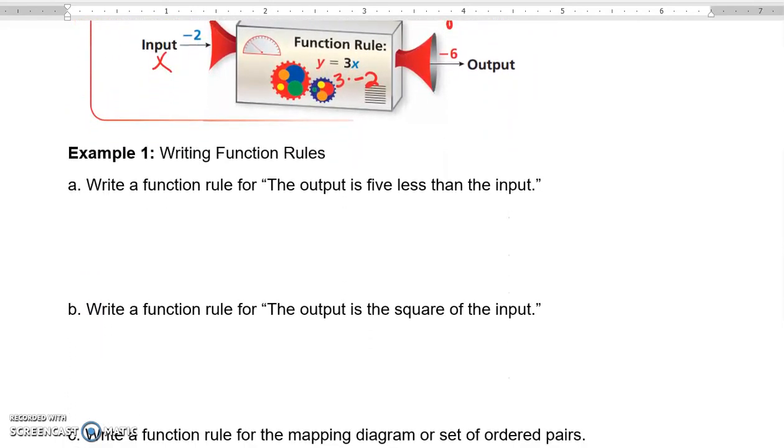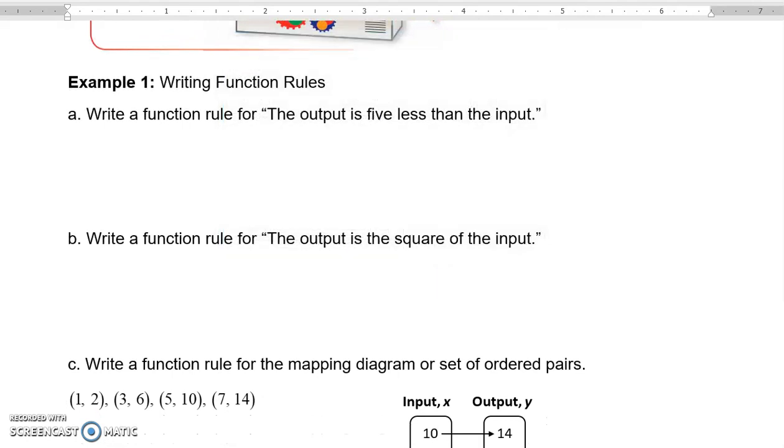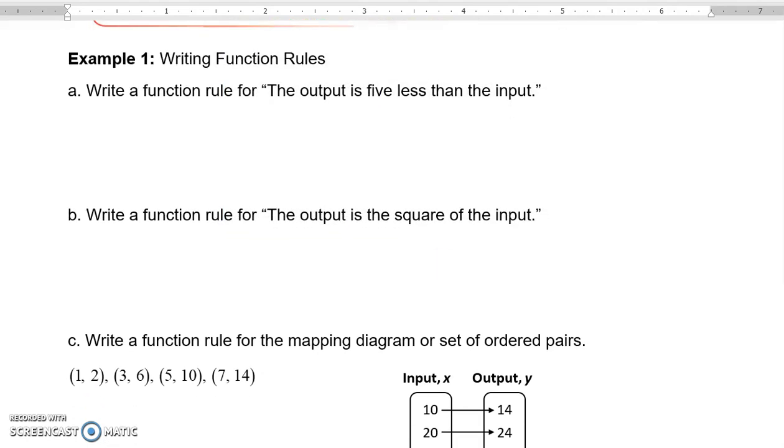You need to be able to write function rules. Example 1 says write a function rule for the output, and I like to underline things as I go. So the output, which is y, is 5 less than the input. Output means equals in math.